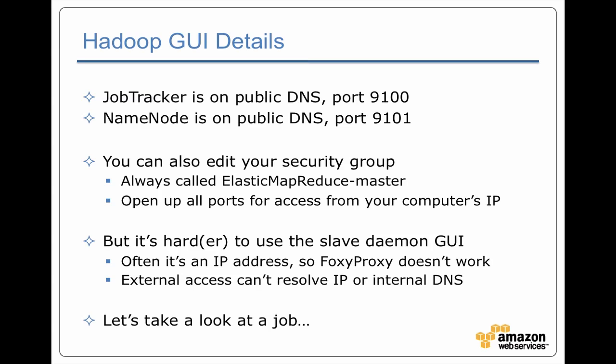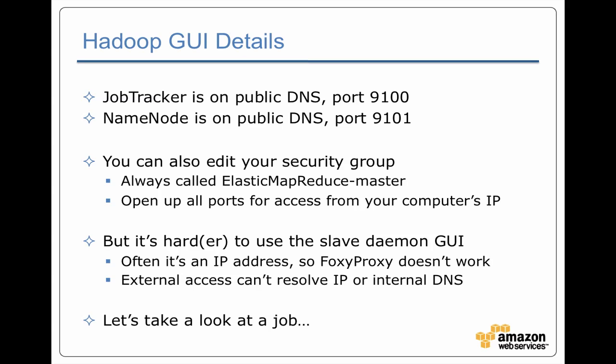Now, there is another approach to this problem where you don't have to actually run a proxy. Using the AWS Management Console, you can edit your security group. There are two special security groups. One's called the ElasticMapReduce-master, and the other is the ElasticMapReduce-slave. What you could do is say, I'm going to allow all incoming access from my local computer's IP address, or you could open it up to the world.